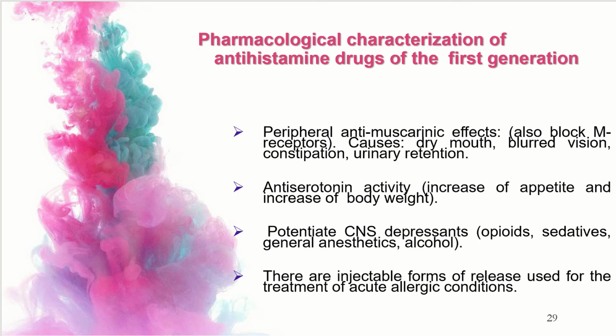They block M receptors, causing dry mouth, blurred vision, constipation, etc. They have anti-serotonin activity, causing an increase in appetite and therefore increase in body weight. They potentiate CNS depressants, that's opioids, sedatives, general anesthetics, etc. They are injectable forms of release used for treatment of acute allergic conditions.